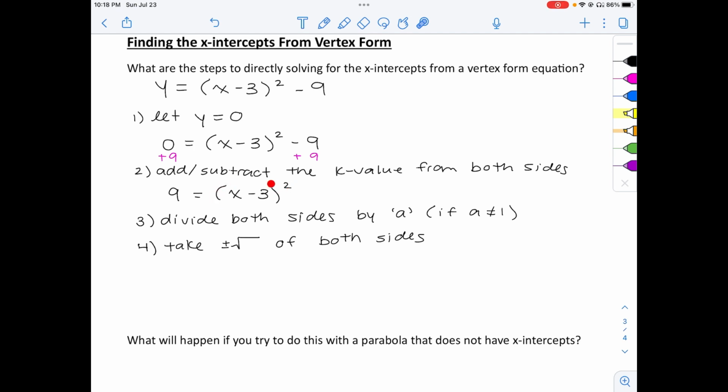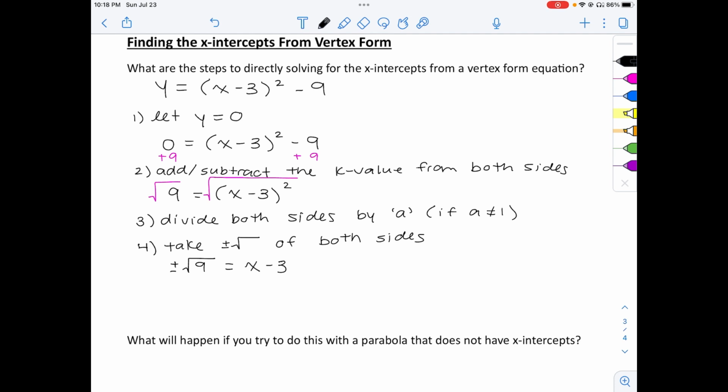The whole bracket, x minus 3, is being raised to the power of 2, so to undo it, we have to take the square root of this side and then the square root of this side. What this ends up looking like is the plus or minus square root of 9 on the left, and on the right side, when you take the square root of that bracket squared, you're just left with x minus 3. You don't need to show the plus or minus on the right side. It's just on the left side where the number is.